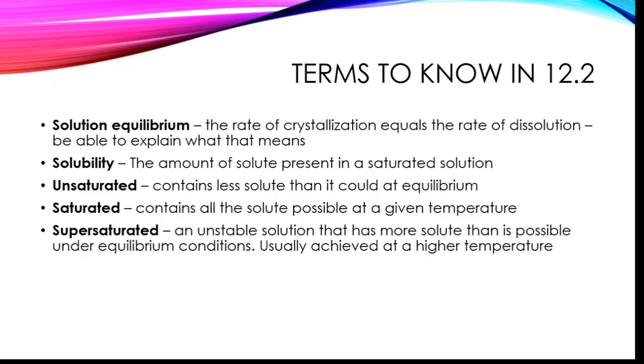At equilibrium, the solution tries to crystallize and then tries to dissolve, and it's just a balance. These other ones you should know. Solubility is how much solute is in a saturated solution, and then the 3 types of solutions.